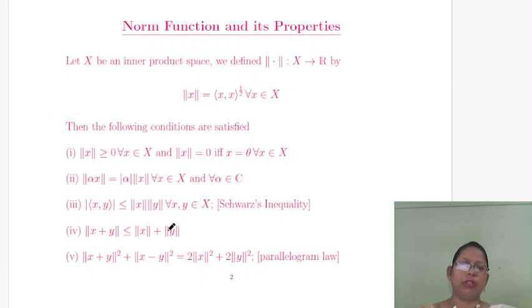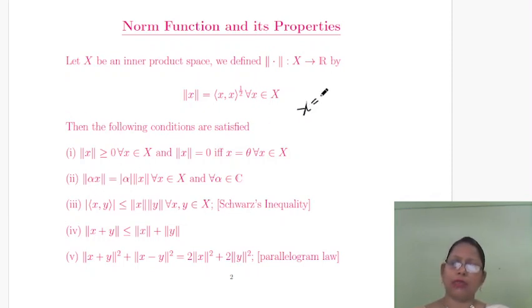Third one, we are going to prove that modulus of inner product of x comma y is less than or equal to norm of x norm of y for all x comma y belongs to X. For that, first consider the case where one of the vectors is the null vector.